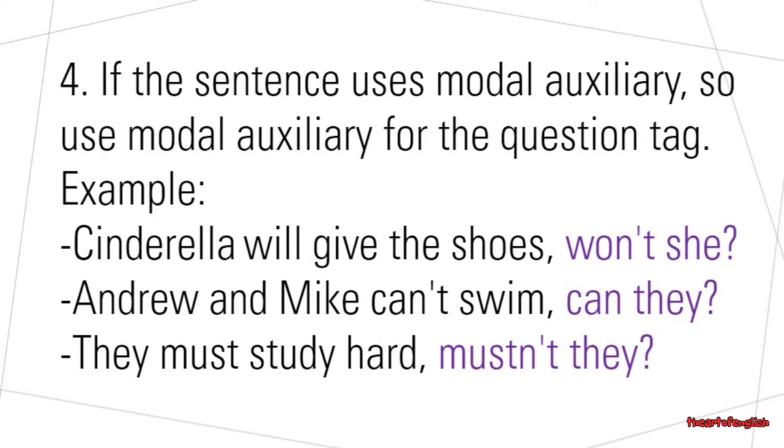And the last sentence: they must study hard, mustn't they? So here the sentence is in positive form, and the modal auxiliary is must. So we change must to negative form, mustn't, and then we put they at the end. That will be the question tag.